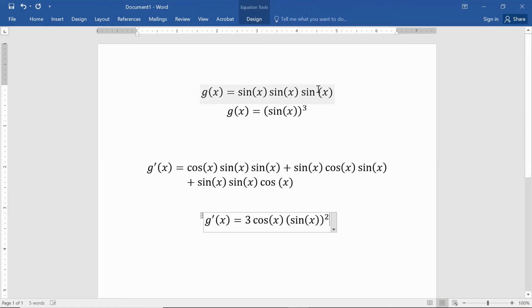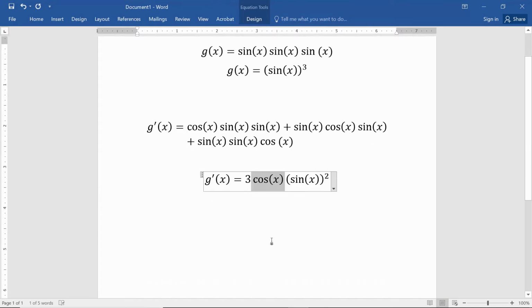We had sine to the third power. One way we can look at it is that this exponent, the 3, came out front, and I lowered my exponent by 1 degree. Then I have to multiply by the derivative of the sine, so that's cosine.